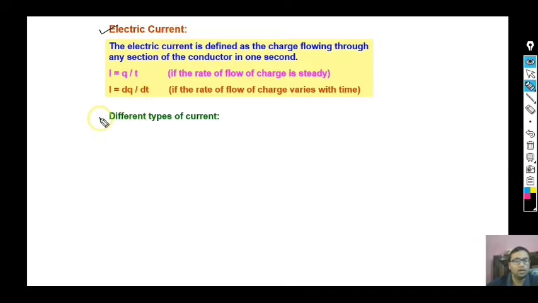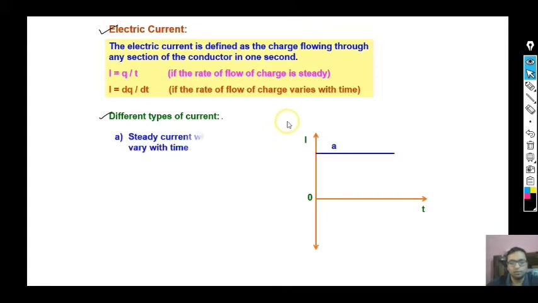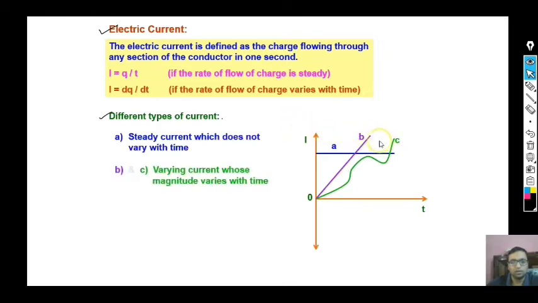Now we will understand different types of current. Here you can see one graph is given in which we are trying to show the steady current and variable current, as discussed here.